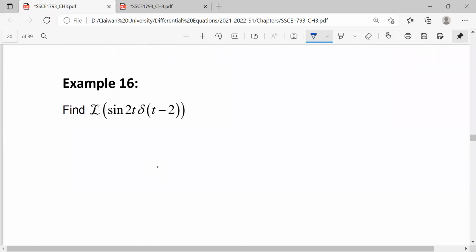We have another example. Find the Laplace transform of sine 2t times the Dirac delta function of t minus 2. What's f of t and what is a here? f of t is sine 2t, and a is 2.